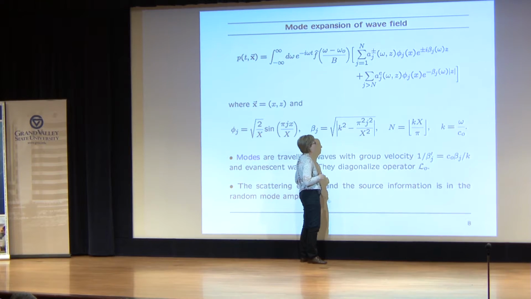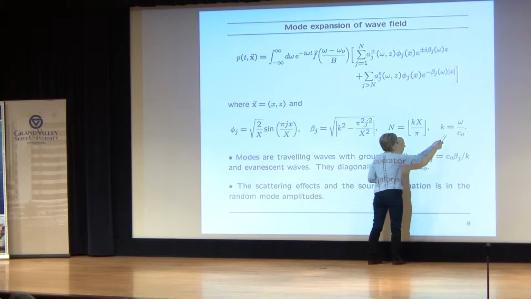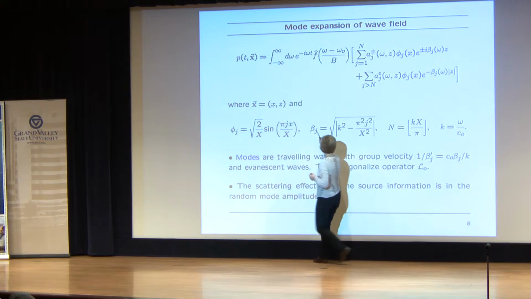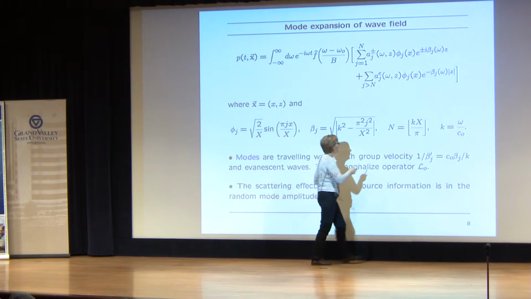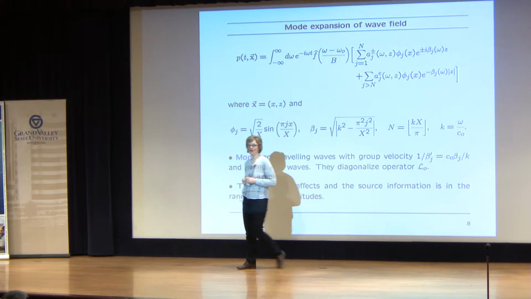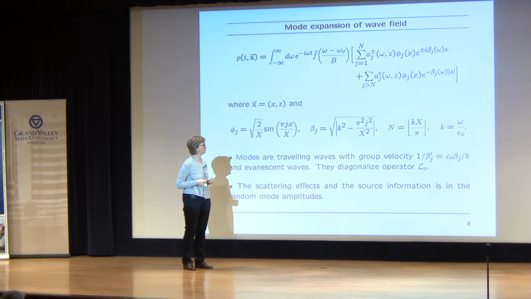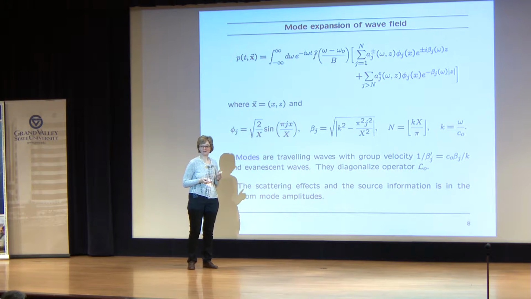This is the unperturbed depth. K here is what is known as the wave number. So we have the usual wave number and we have the modal wave numbers. And n is the number of propagating waves, which is given by the ratio of the depth of the waveguide divided by half a wavelength.